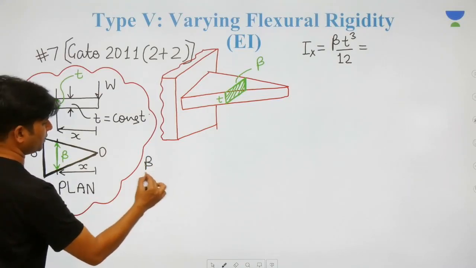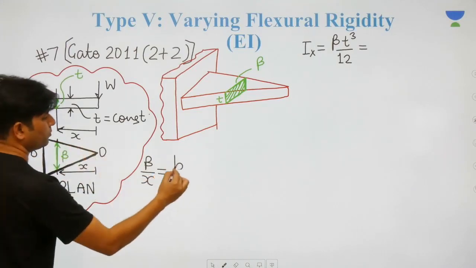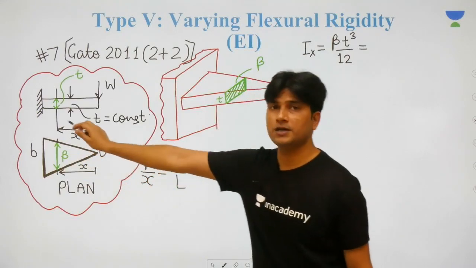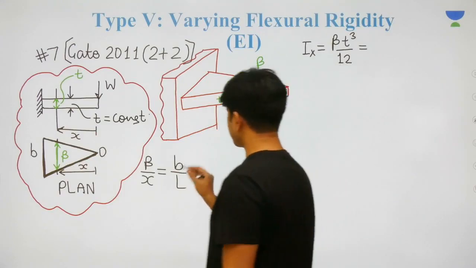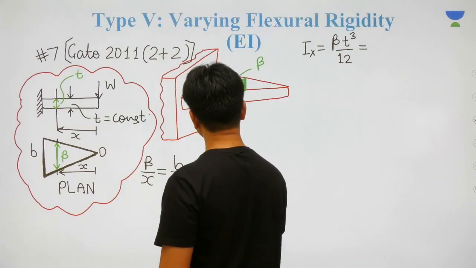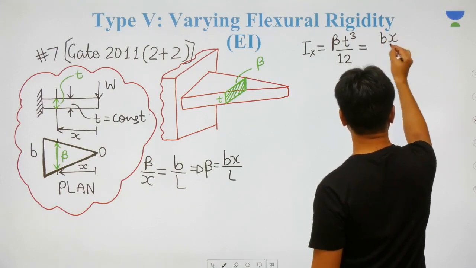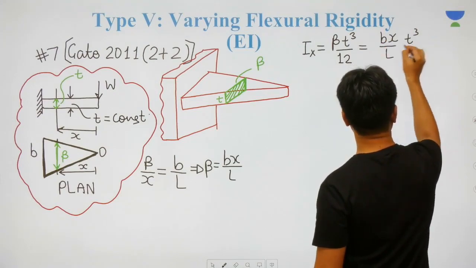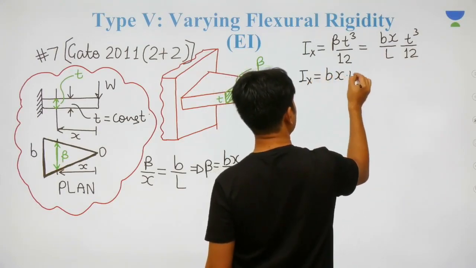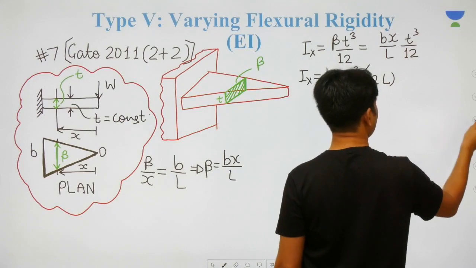Using the similar triangle, beta divided by x is equal to b divided by L. So from here you get beta is equal to b x divided by L. If you replace beta here, you get the moment of inertia value: b x t cube divided by 12 L.